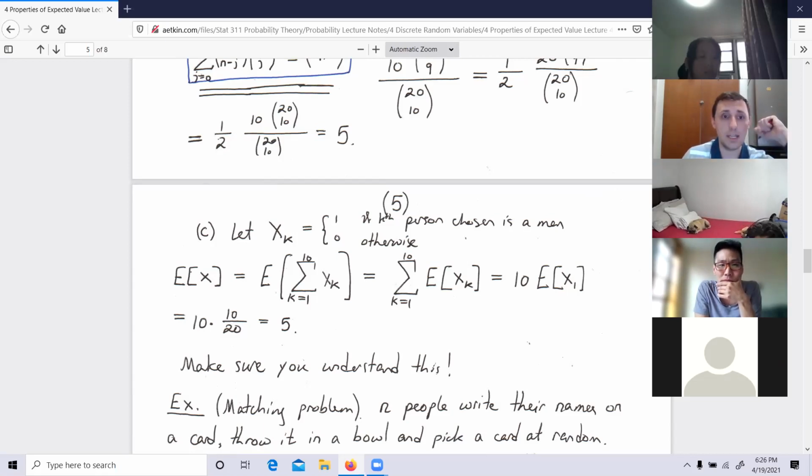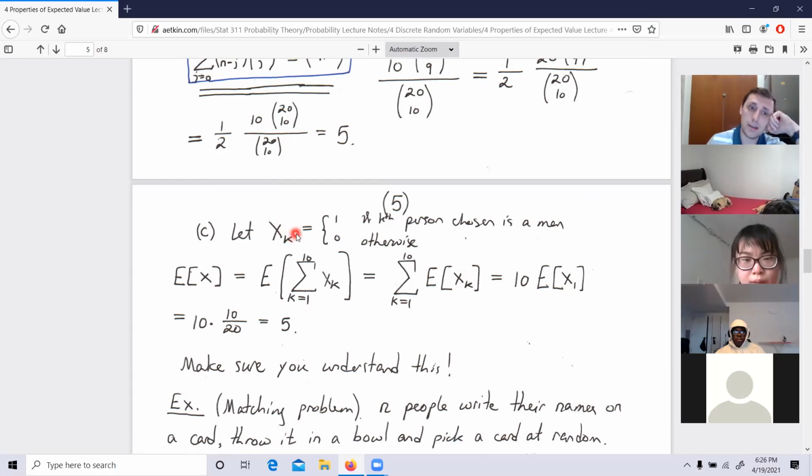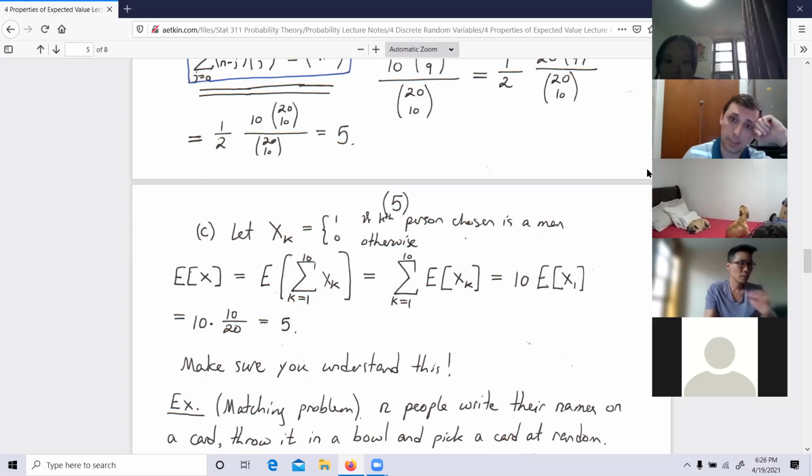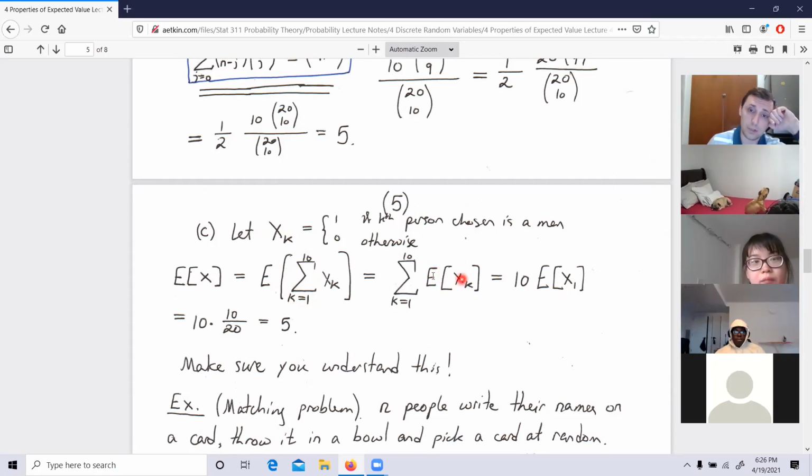So I can say, let xk be 1 if the kth person chosen is a man and 0 otherwise. So the expected value is the summation of the xk from 1 to 10, which according to expected value rules is always the sum of the expected values. So it's the summation from k=1 to 10 of the expected value of xk.